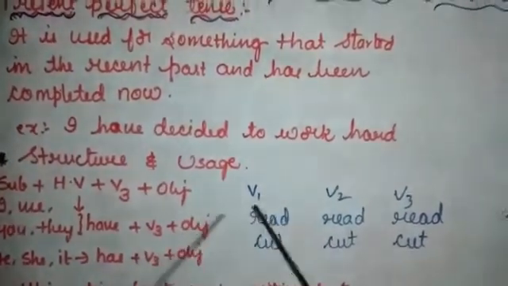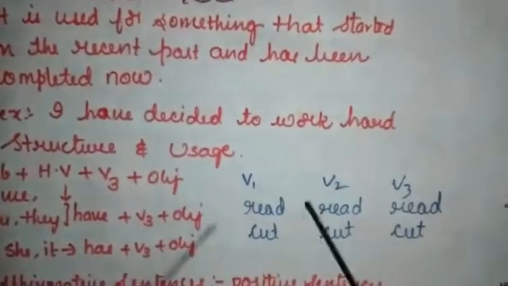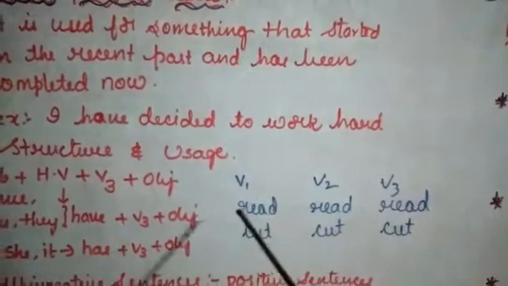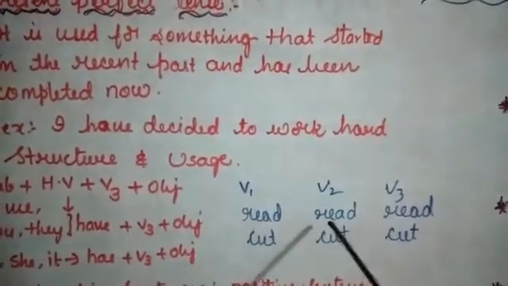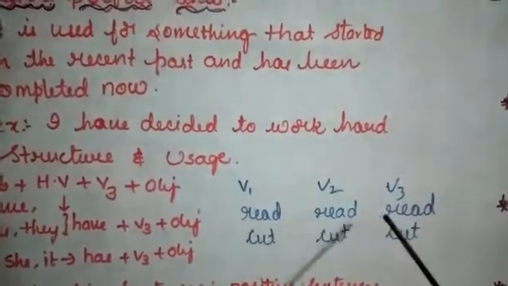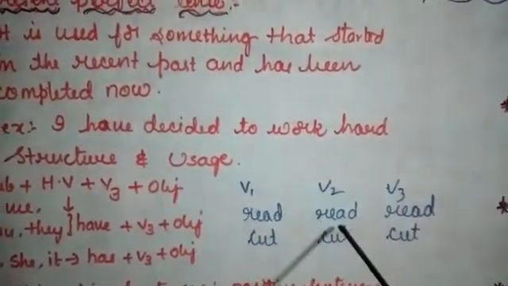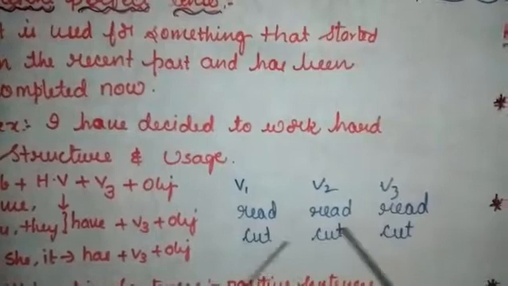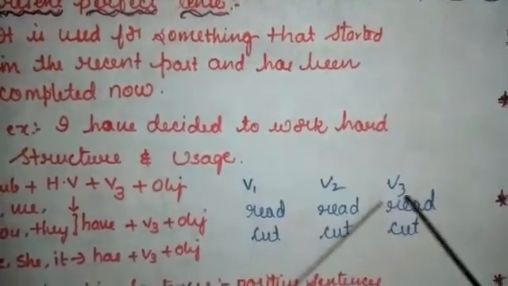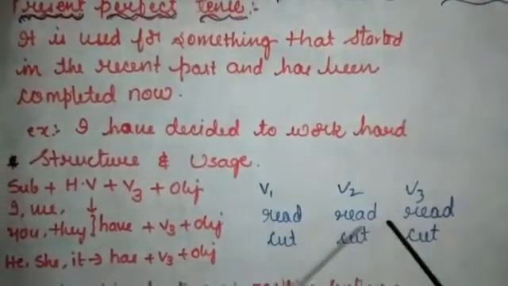Already I have told you about V1, V2, V3. Sometimes you have to observe that the same word comes in all three forms. For example, read, read, read. The pronunciation is different but the spelling is the same. Read, read, read. Cut, cut, cut. All three forms take the same word. So all these you have to practice well to remember.